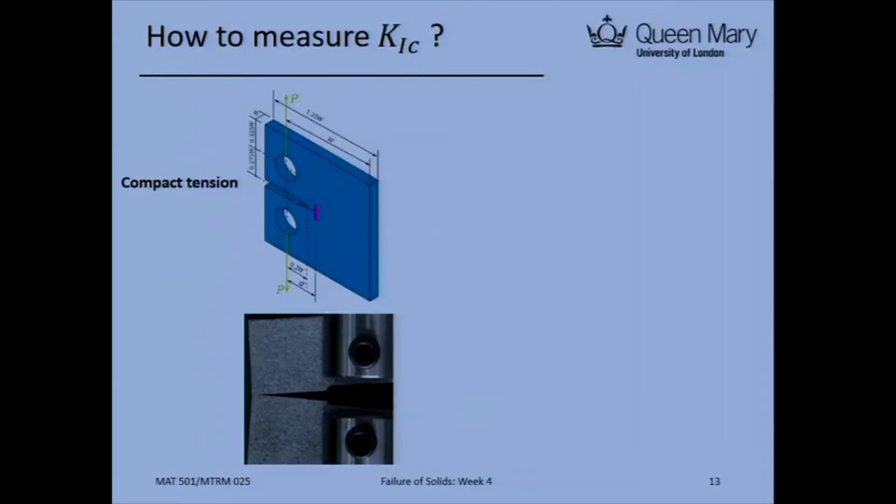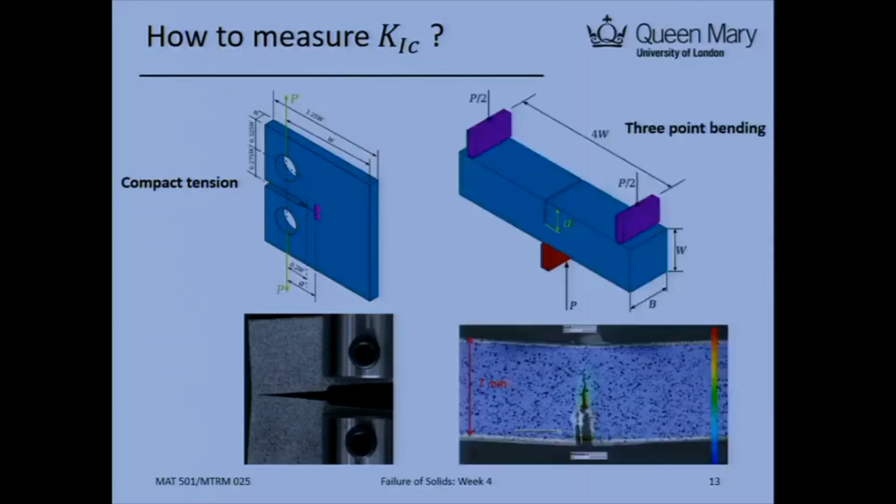Similarly, you can do another type of configuration, which is like that. If you look at here, there's 1 point, 2, 3. There's 3 points here. We call it the 3-point bending configuration. By doing that, you apply a load from here, and there's another point as a roller to support the specimen.